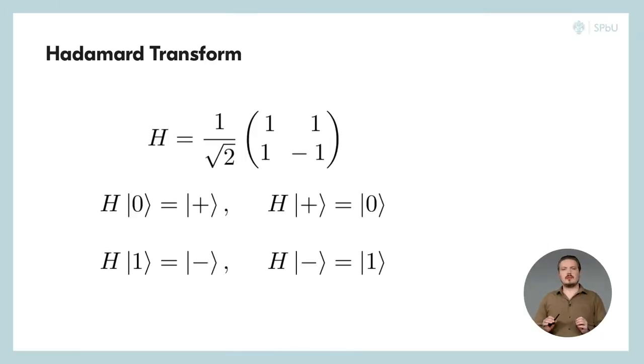Good. Let's continue. The operator you can see on the slide is called the Hadamard transform, after the French mathematician Jacques Hadamard. And as you can guess, it transforms the 0,1 basis into the Hadamard basis, and vice versa. I literally don't know any algorithm which does not employ this operator.